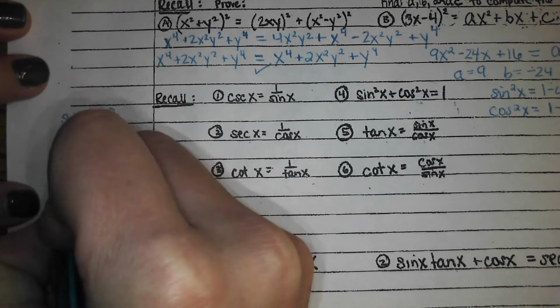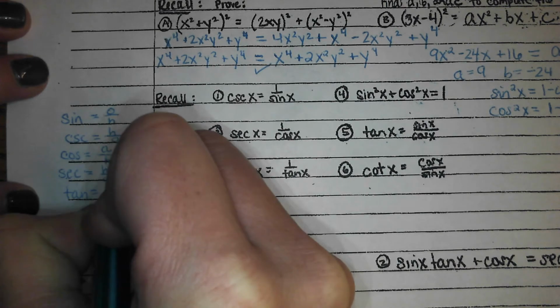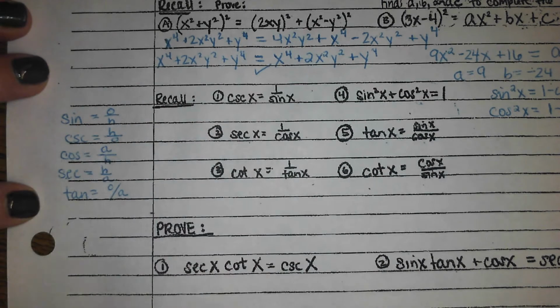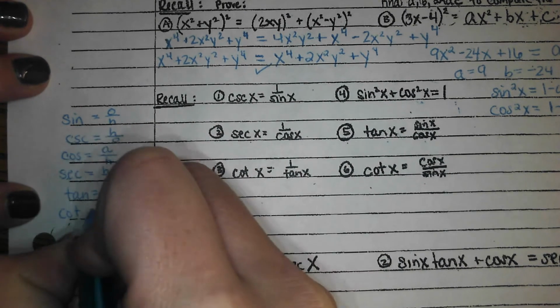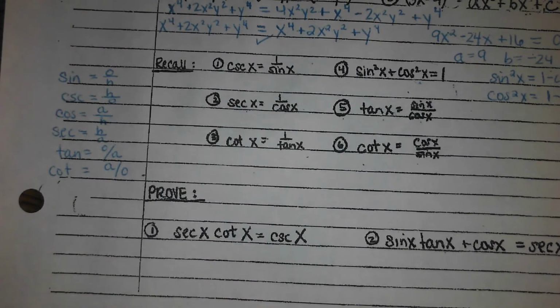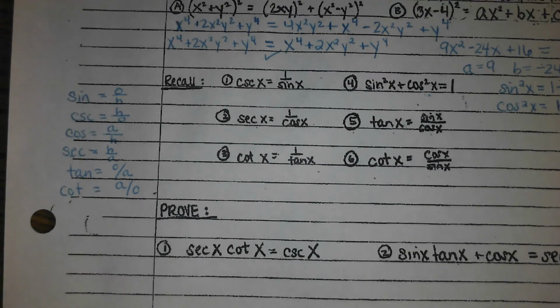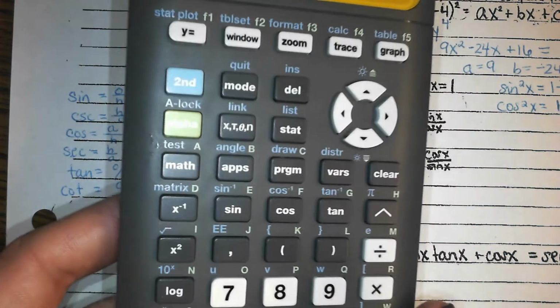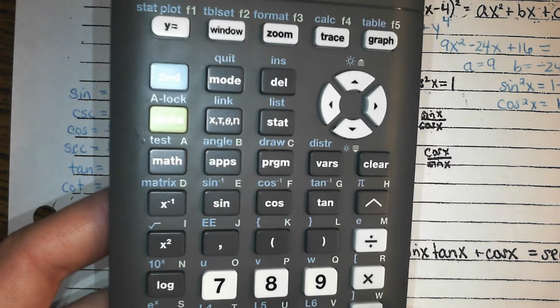And then lastly, if tangent was opposite over adjacent, cotangent is adjacent over opposite. So you will notice, or not notice, I guess, that your calculator does not have these buttons.